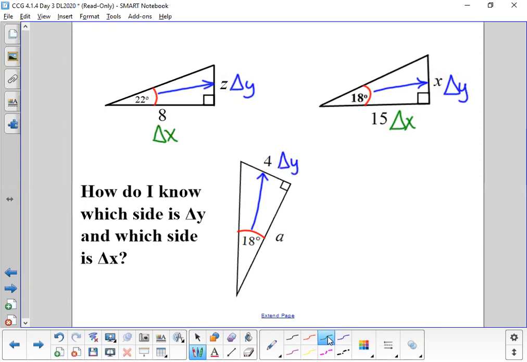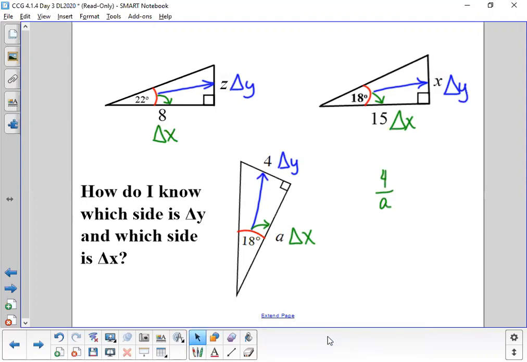And if I'm looking at my delta x, it is always the leg that is next to my reference angle. So in the case of this 18-degree triangle, A would be my delta x. So if I wanted to write out my slope ratio for this triangle, I would have 4 over A. That would be the slope ratio for that triangle.